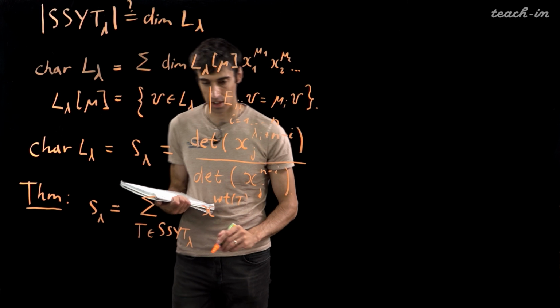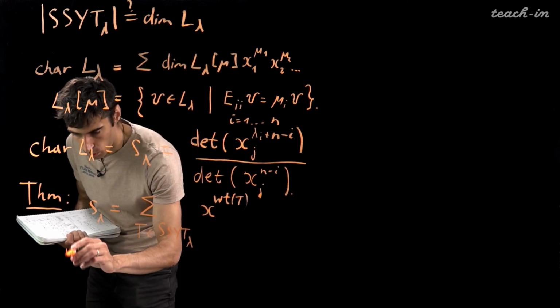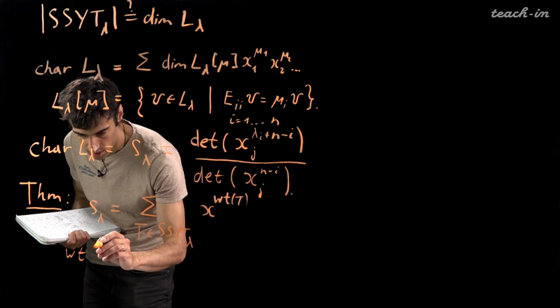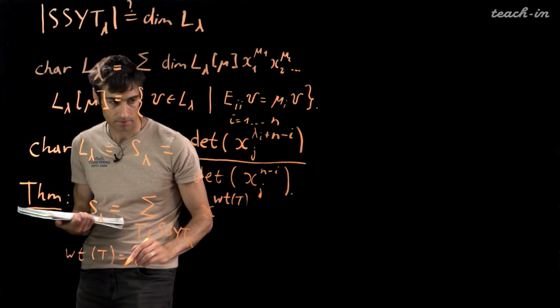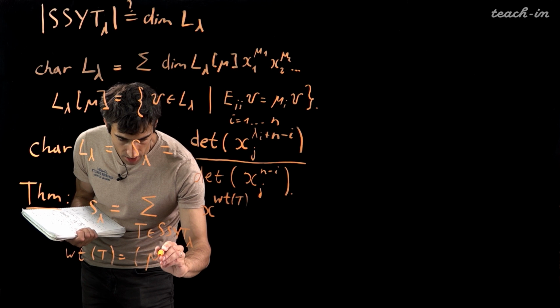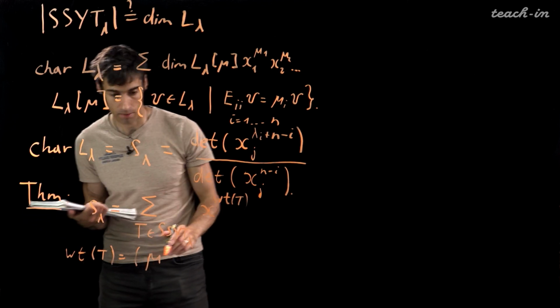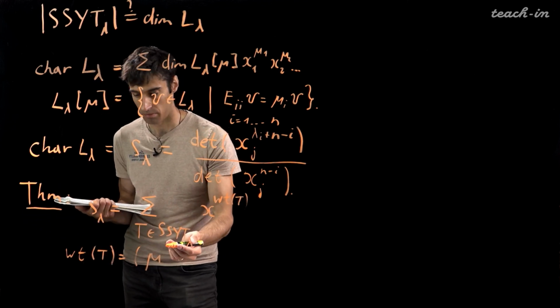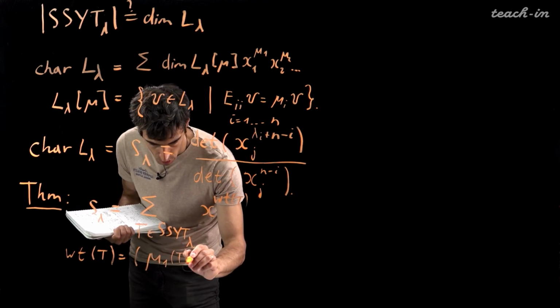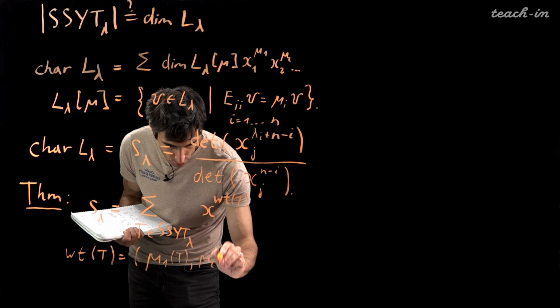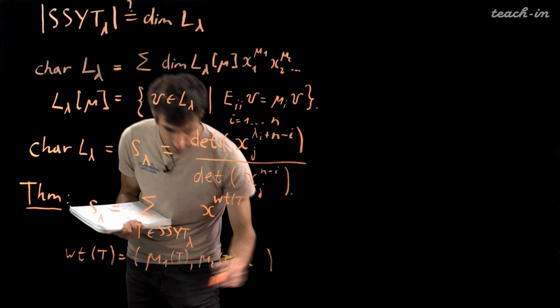So what is this? First of all, the weight of T is a tuple of non-negative integers depending on T: mu1 of T, mu2 of T, and so on.